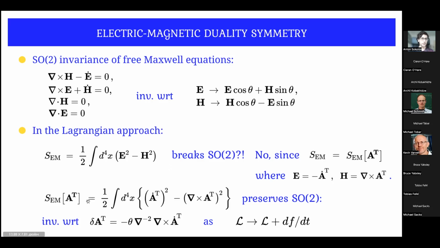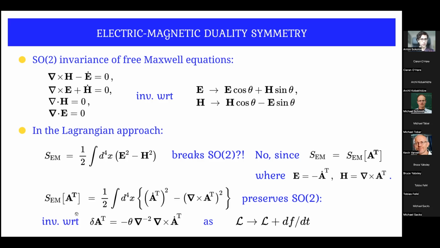And if we write now the electromagnetic action in terms of the transverse part of the vector potential, then we can see that it preserves SO(2) invariance. This invariance is also given by a very strange formula, written at the bottom of the slide: the transformation of the vector potential, which corresponds to the electric-magnetic duality symmetry, is actually non-local.